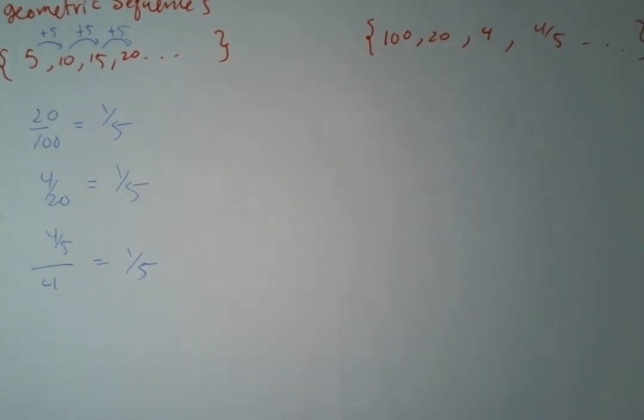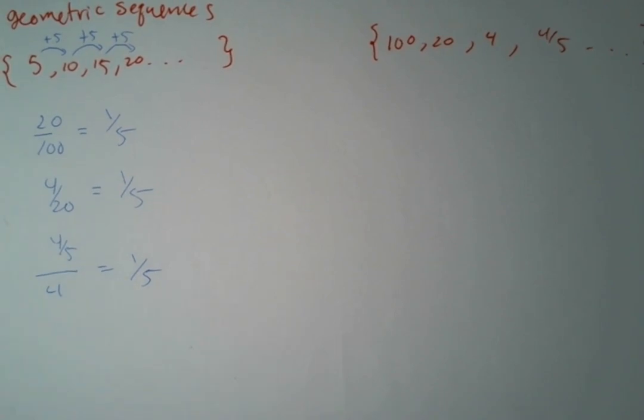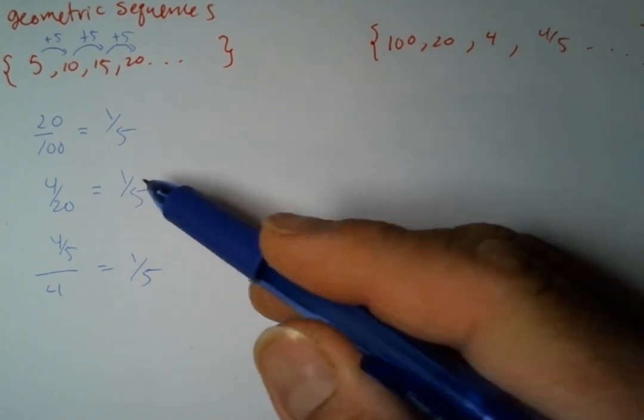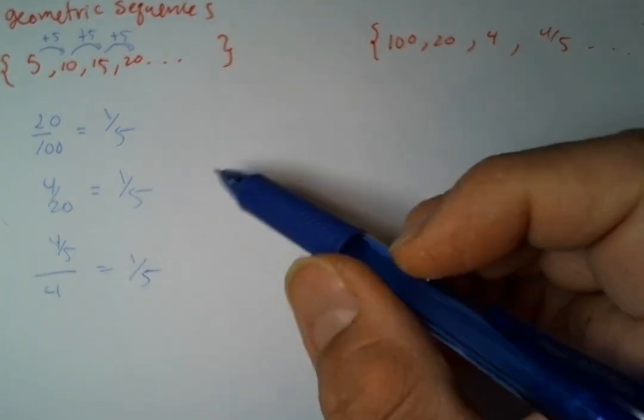Where before it was some fixed value that we're adding or subtracting for an arithmetic sequence, here we have what is called a common ratio.